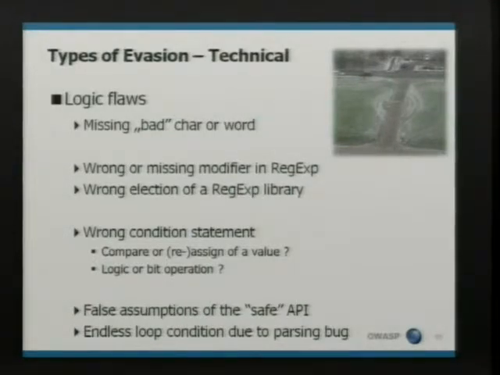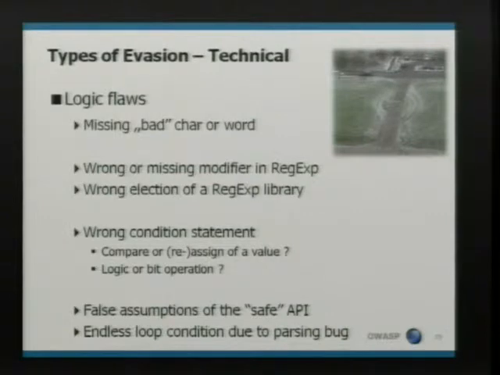So we can miss a bad character or word. This is something that can happen. We can also use a wrong regular expression, or forget about one modifier. We can also make another fault: we select the wrong regular expression library, and I will demonstrate it later in the example section.